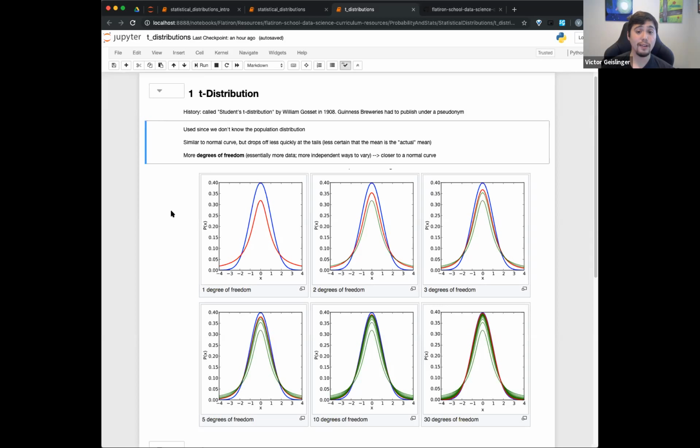You'll notice that it's really similar to a normal curve, a bell curve, but it has these heavier tails. You can see here in blue is our bell curve, and you can see progressively going forward our degrees of freedom, which I'll define a bit more. Essentially it's how many ways our data could vary.